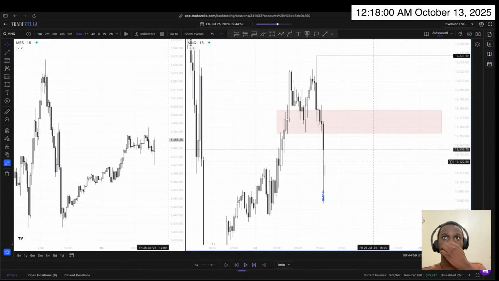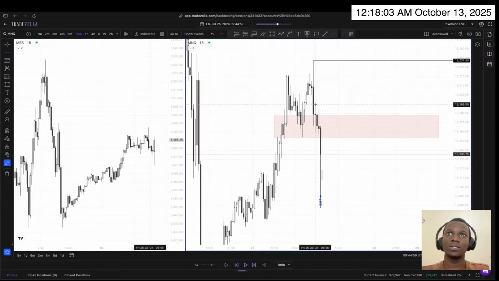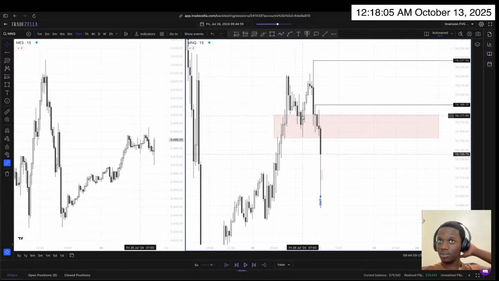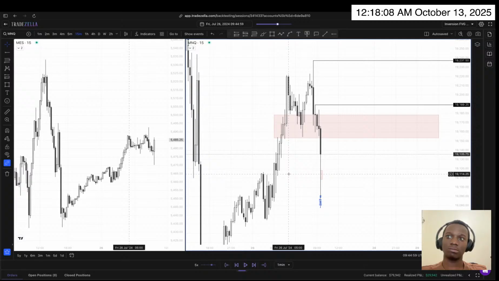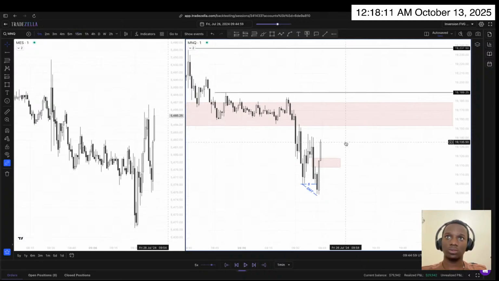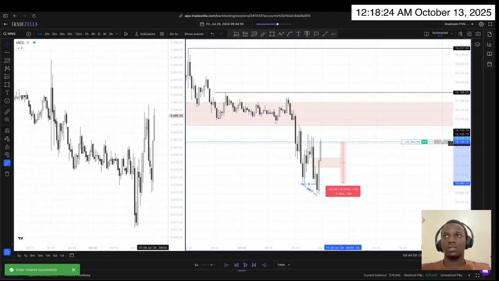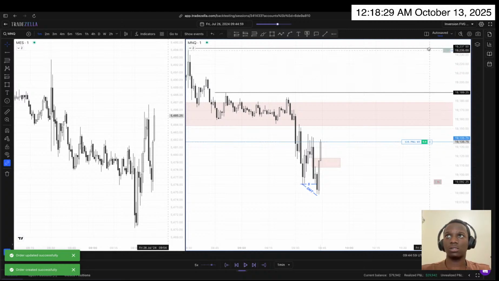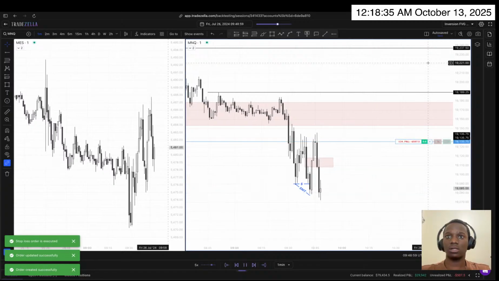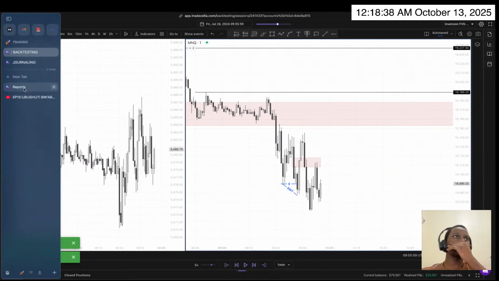I'm ready for price to move like these hundreds of handles. Break even right there. Okay, maybe right there, 590. This is too big, stop loss. Seriously, man?